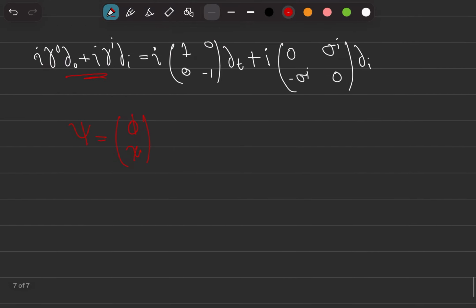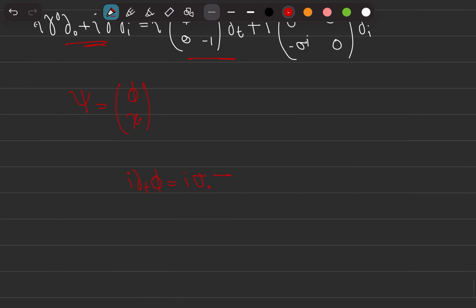You can see it from here, those equations are ∂_t phi equals minus i the Pauli three-vector sigma dot, this is the vector, times the gradient of chi, plus m phi.